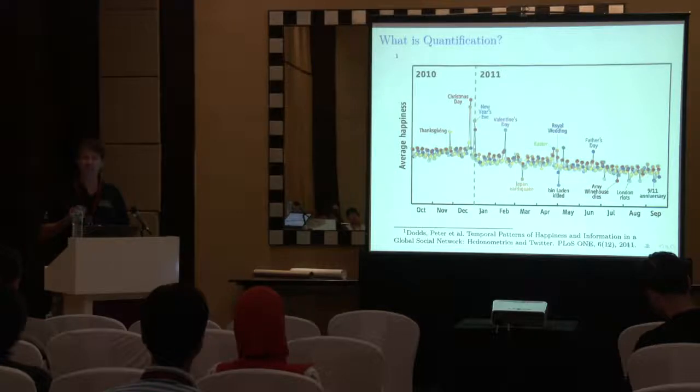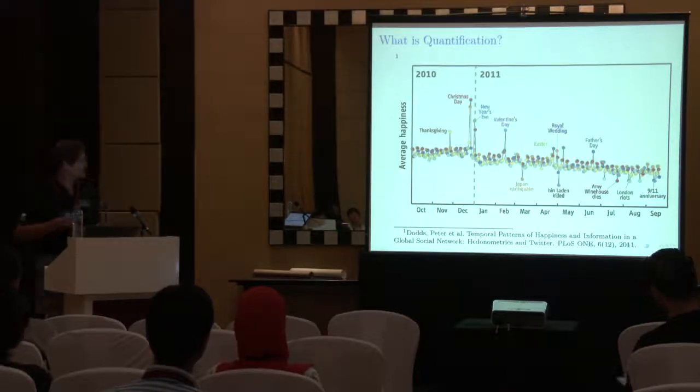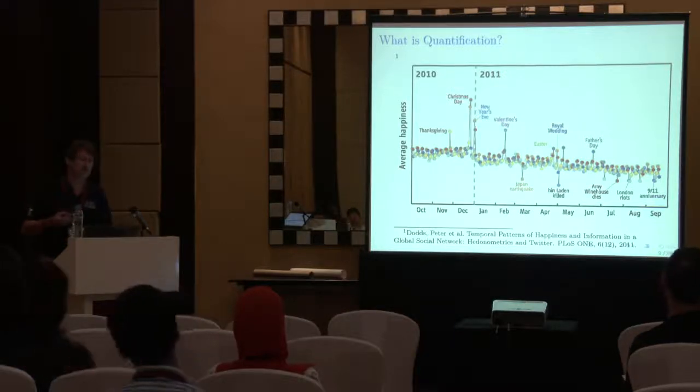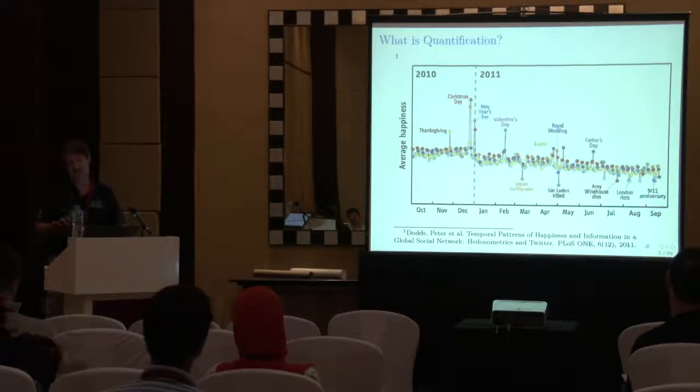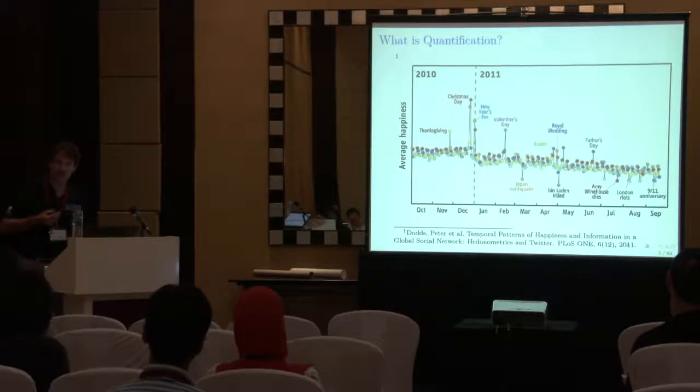Peaks of happiness were recorded on Christmas Day, on New Year's Eve, Valentine's Day, the Royal Wedding Day, etc. While peaks of unhappiness were recorded when Amy Winehouse died, on the day of the Japan earthquake, the London riots, etc. So some statistics, some of these unsurprising, some fairly interesting, were actually gathered.